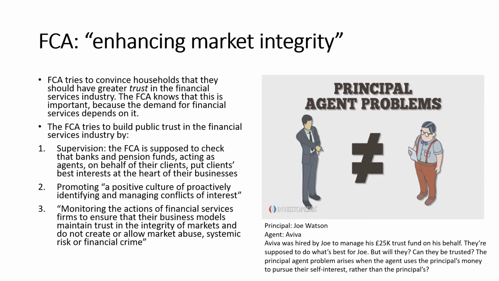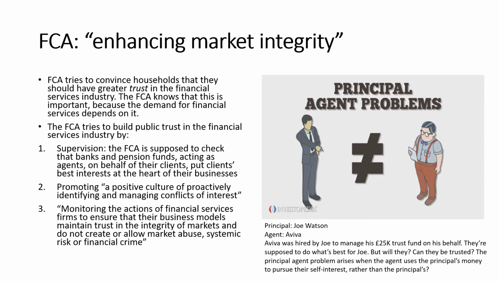Number one, supervision. The FCA is supposed to check that banks and pension funds acting as agents on behalf of their clients put clients' best interests at the heart of their businesses. Again, you hear allegations that people employed to look after people's pensions will select shares in companies.